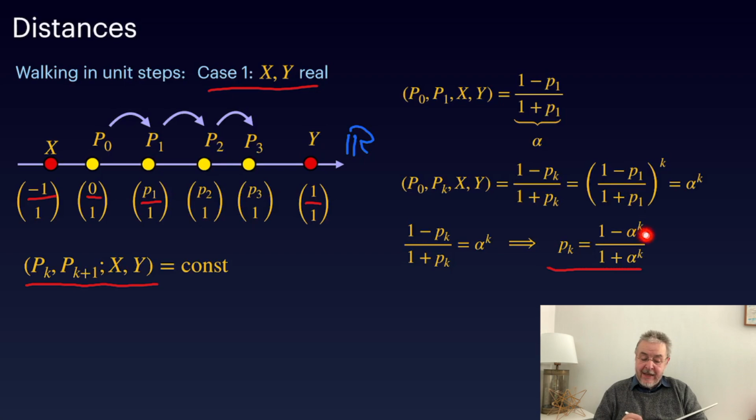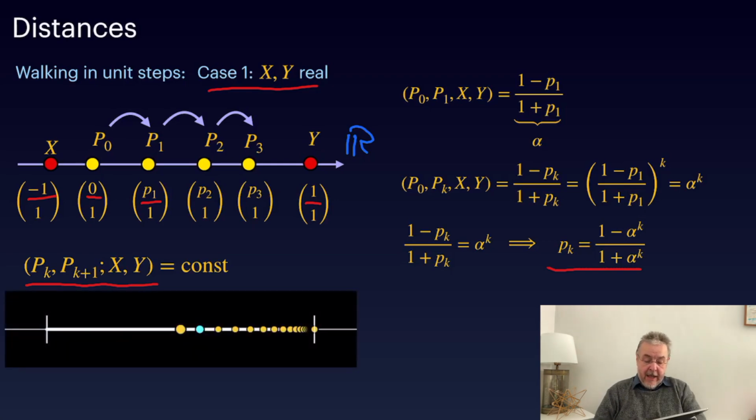So if you take the k-th power here, this alpha to the k will get smaller and smaller, which means that this fraction more and more approaches the limit case 1, but it will never surpass this limit case.